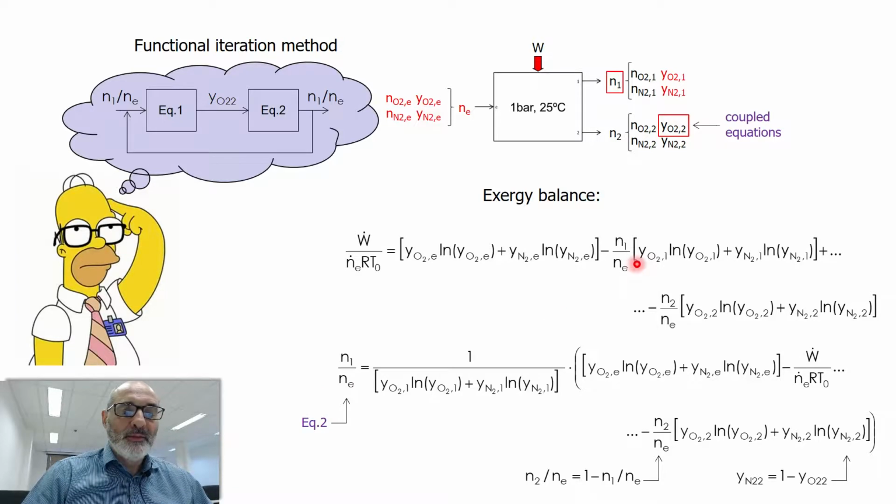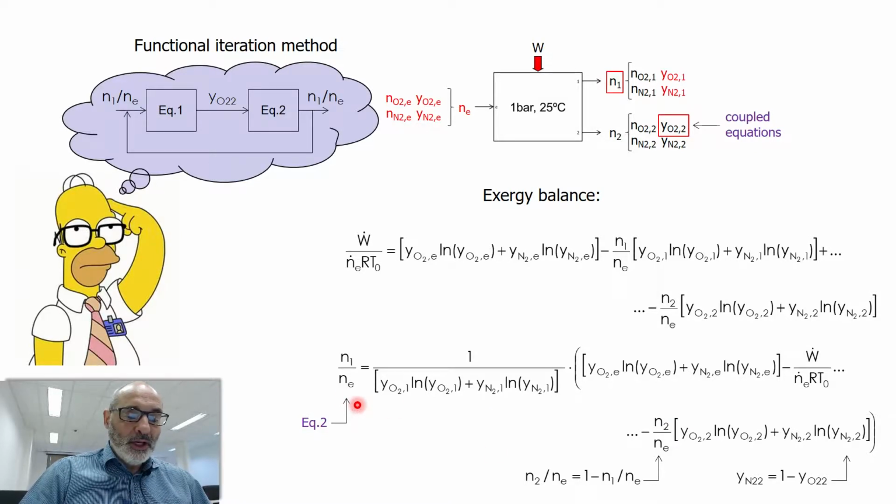It's simple. You simply pass this term to the left side of the equation and divide everything by this term here in brackets. The expression seems very complicated, but the ideas are very simple. There is really no problem.